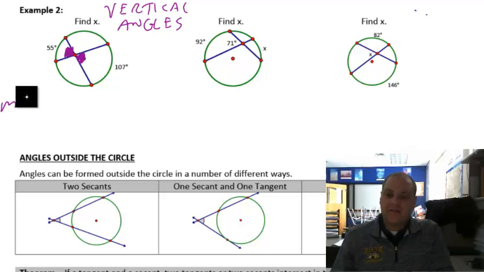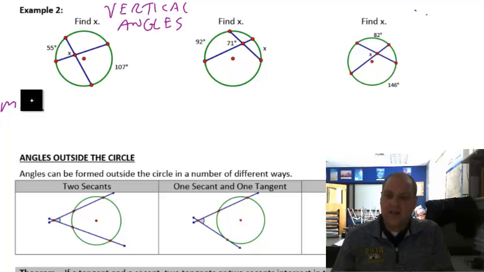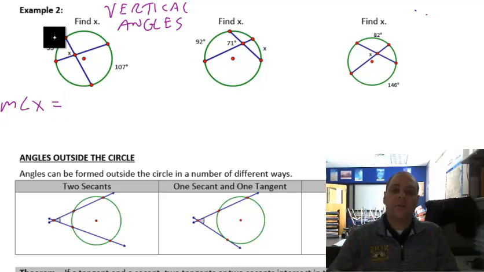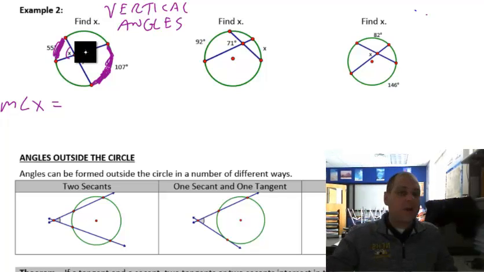Measure of angle X, or as they call it, 1, was it 1 or X? X, yeah. Measure of angle X equals, let's follow the formula, it's the two intercepted arcs. So here's one intercepted arc right here, and here's the other intercepted arc right here. It's the intercepted arc for these two congruent angles. We already talked about intercepted arcs.